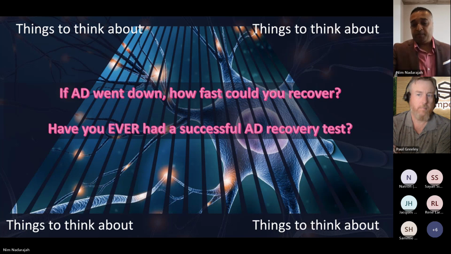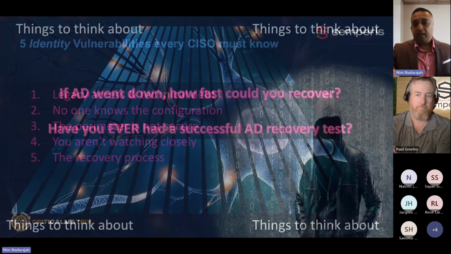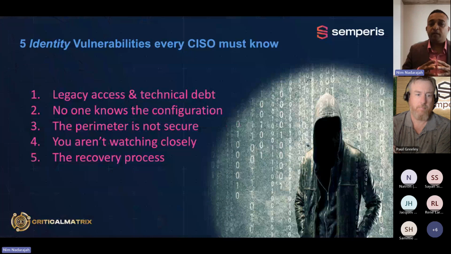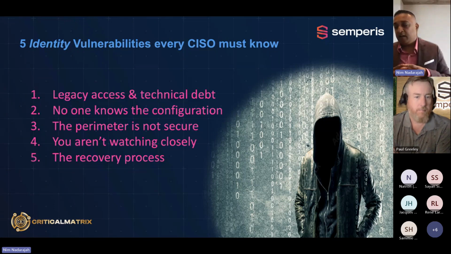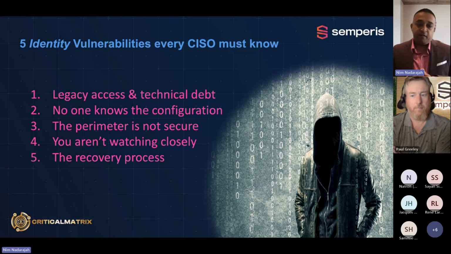Okay, so the five vulnerable identities every CISO must know. If you came into this meeting looking for a very cool technical list of five things, that's not what you're going to get here. The reason I enjoy working with Semperis, and my firm has partnered with them, is because we're not solving technical problems here.